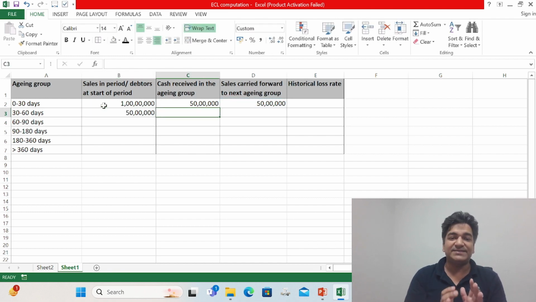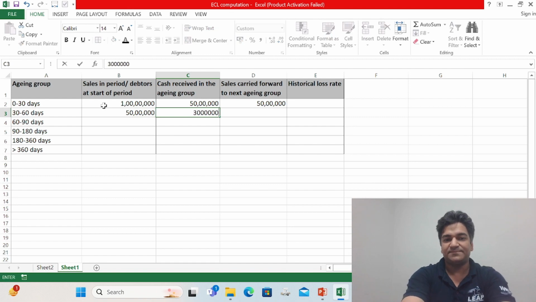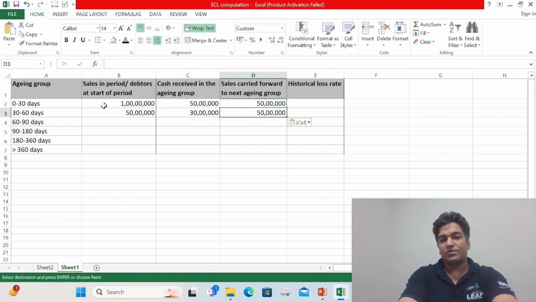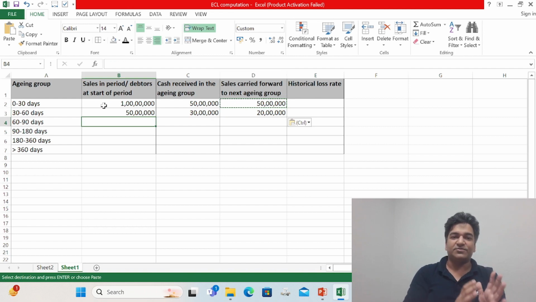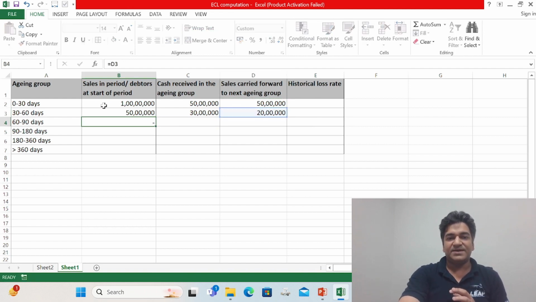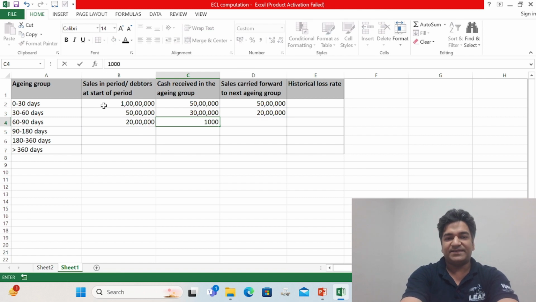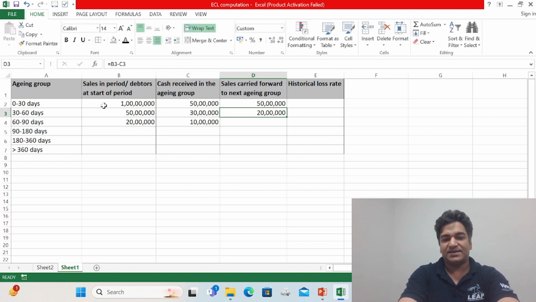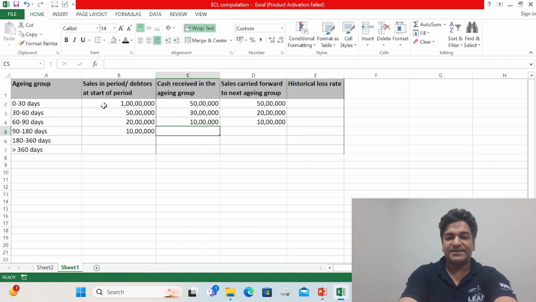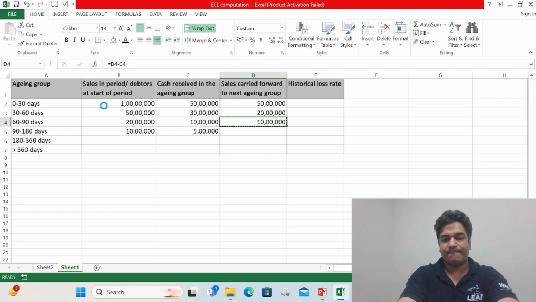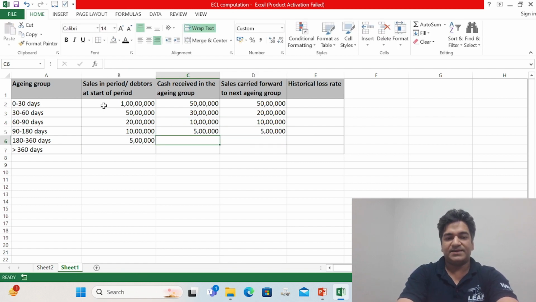Now the entity receives another 30 lakh rupees. So the amount outstanding will become 20 lakh rupees, which will be carried forward to the next aging group. Similarly, entity receives 10 lakh rupees. Now entity receives 5 lakh rupees. And in this bucket, entity receives 2 lakh 50,000 rupees.